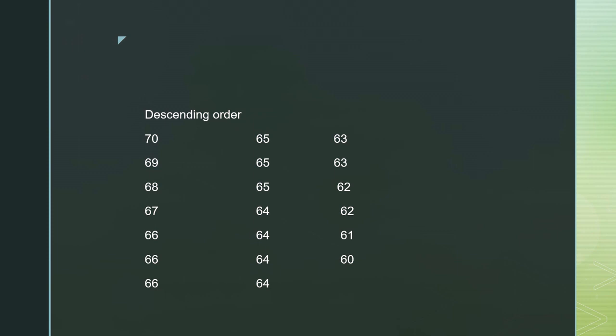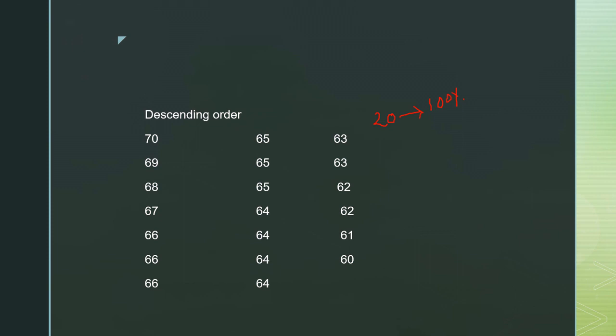Now the total from 10 am to 10:20 am, the total time interval is 20, right? So this 20 is the 100%, because in this array, from 10 am to 10:20 am, we got these 20 values.